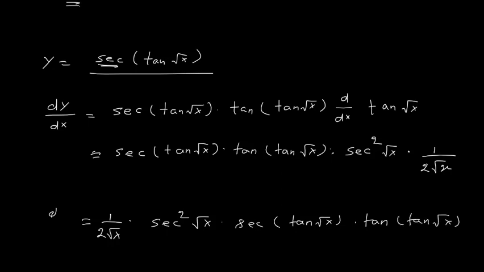That's it. So this is your dy upon dx. So now onwards I will solve problems by alternate method only. If you feel the first method is better, you can try solving problems by first method also.